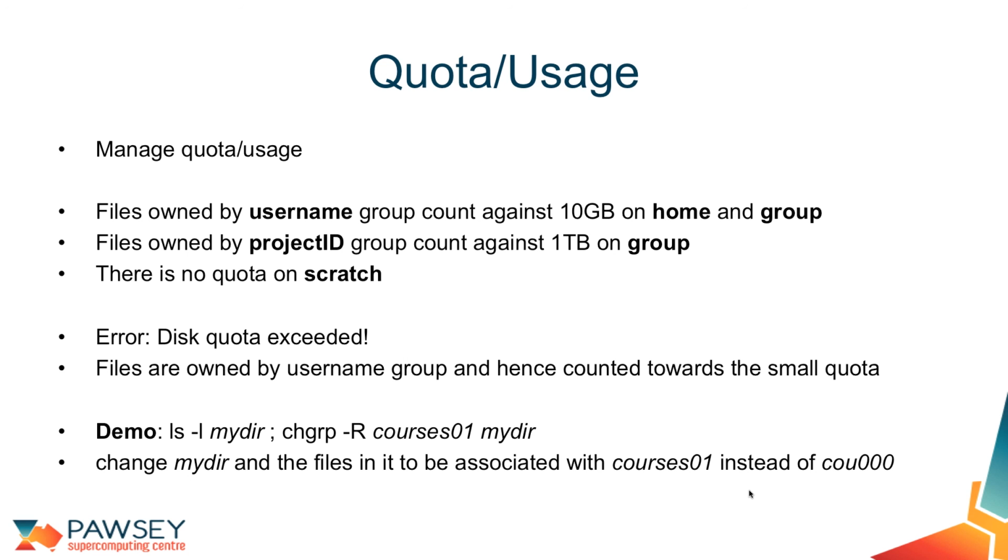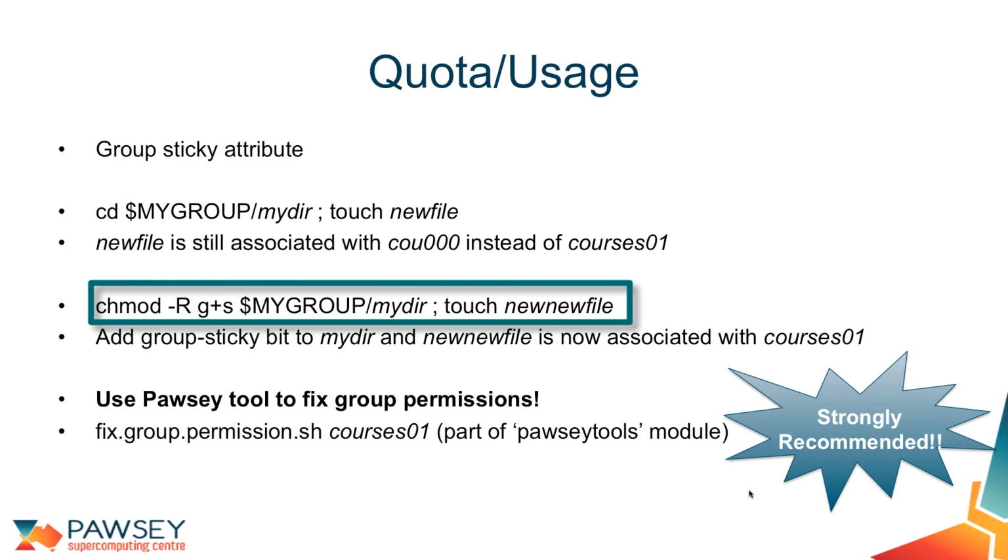To make sure that all your files are under the project group, which has a much larger quota, you can manually run this command, which recursively goes through all your files in this directory and changes the association. And you can run this command, which adds the group sticky attribute, so new files created in this directory will inherit the new group.